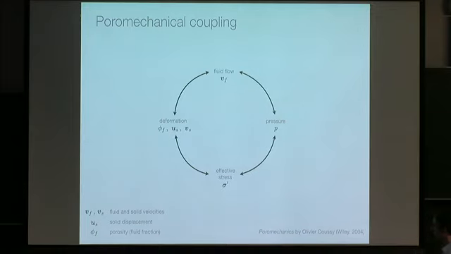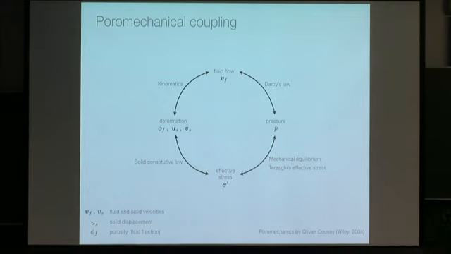My notation is going to be V for velocity, U for displacement, and then a subscript F for what the fluid is doing, and a subscript S for what the solid is doing. This is all very well known, and there's a book, if you're interested, Poromechanics by Olivier Coussy, which is very mathy, but I think is a nice introduction. The links in this coupling are essentially the equations that we need to develop.